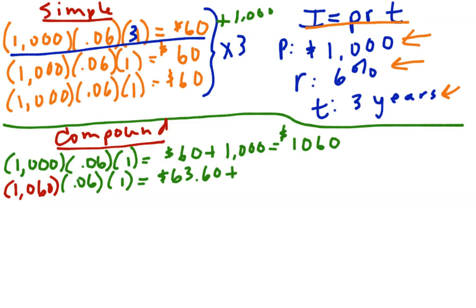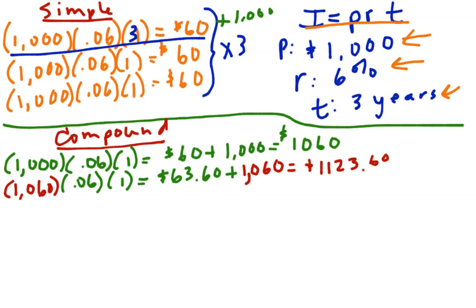And then I'm going to add the principal. But remember, my new principal was $1,060. I'm trying to write my zeros so they don't look like sixes. And then if you total the interest and the principal, you get $1,123.60.